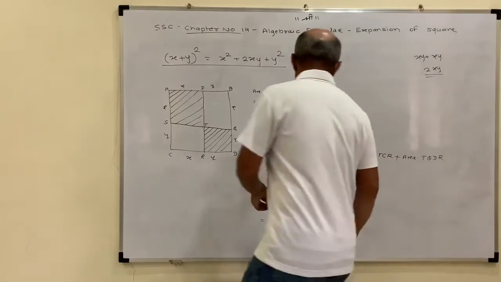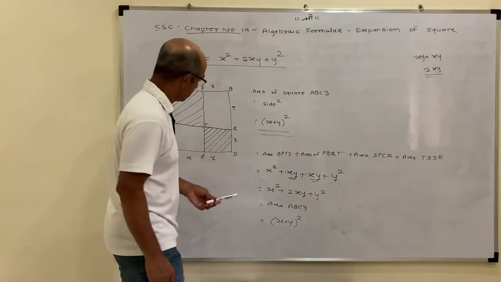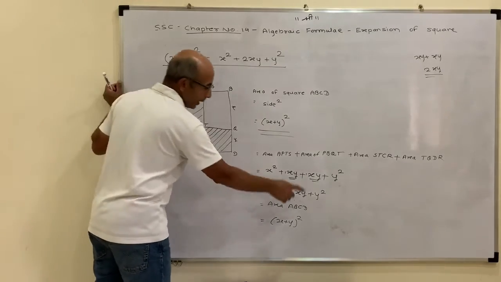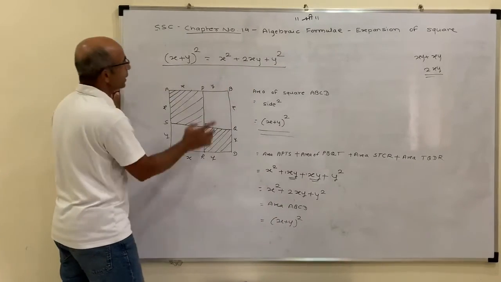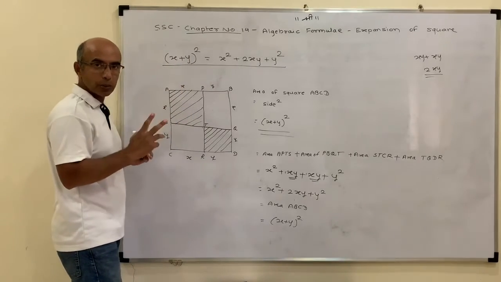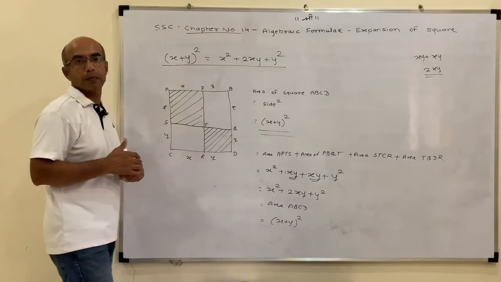So here it came 2xy and this is y square, which together is nothing but the area of ABCD, which is (x plus y) square. So we can say (x plus y) square equals x square plus 2xy plus y square.